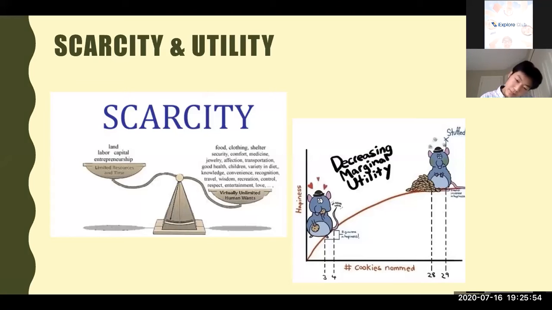And the red line represents his happiness after a certain number of cookies eaten. So the higher the red line is, the higher the level of his happiness will become. And as the line goes right, which means he has eaten more cookies.